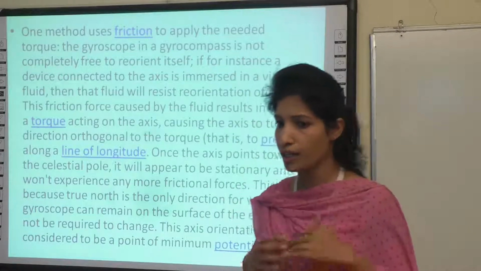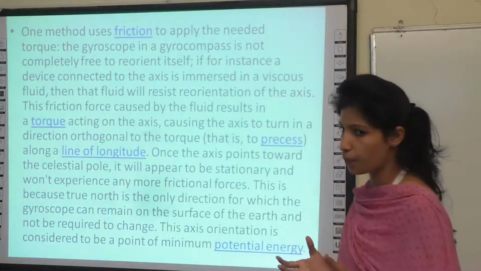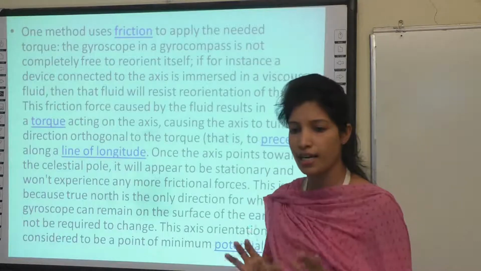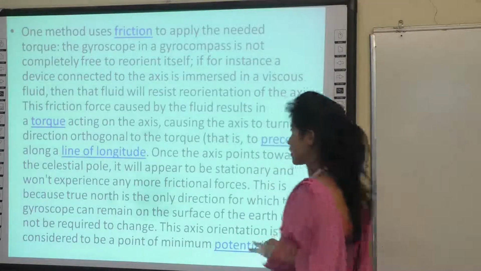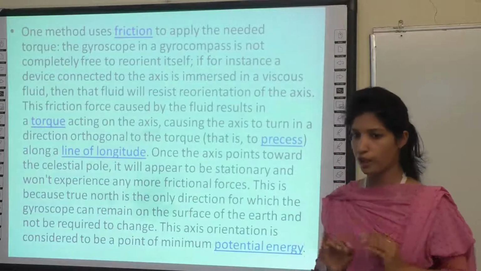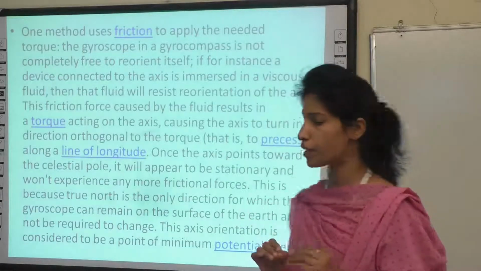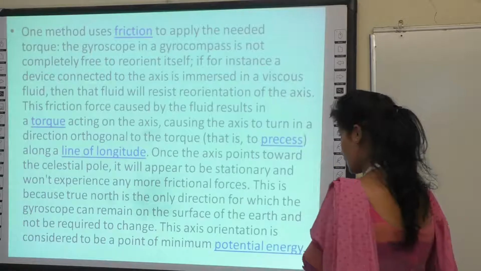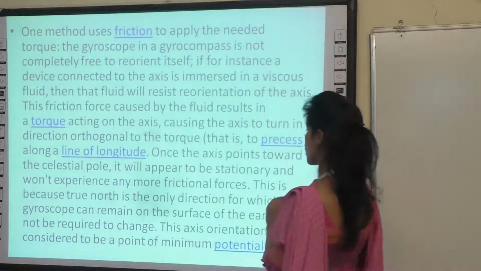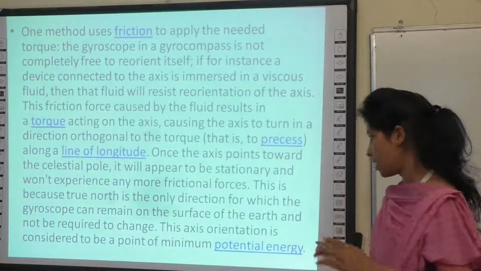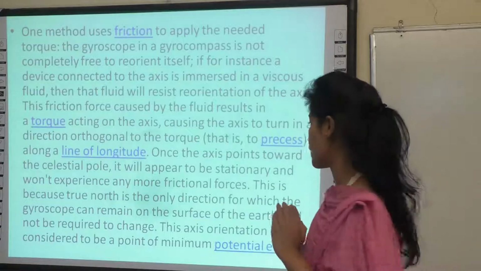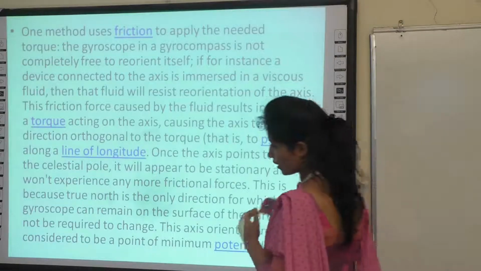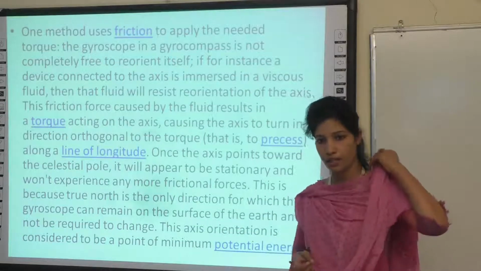When the axis points to the celestial pole, it will appear stationary and won't experience any more frictional forces. This is because true north is the only direction in which the gyroscope can remain on the surface of the Earth and not be required to change. This axis orientation is considered to be a point of minimum potential energy. This is the theory about the gyrocompass.